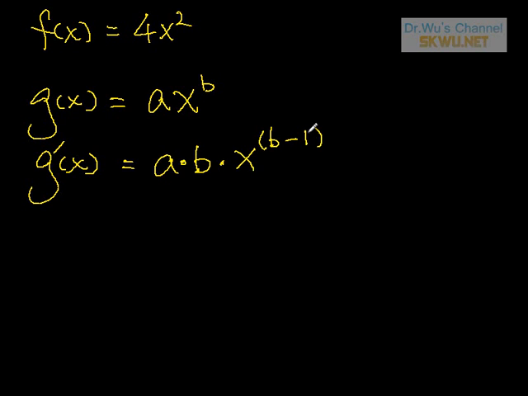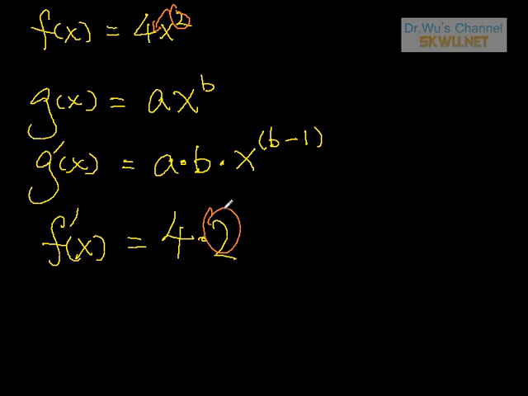If we find the derivative of f of x, then basically it's 4, which is the a, times 2, which is the b. We just move this. We consider we are moving some Lego. We move this 2 to the front in here.